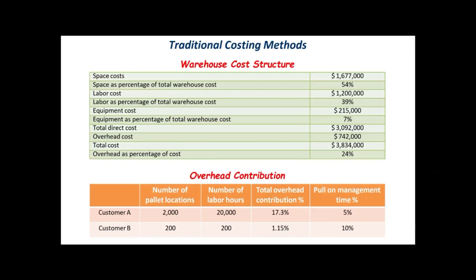For instance, if you look back at the shared user in the warehouse and customer A, if he decides to reduce his stock holdings and it is not replaced by another client, the charge per location needs to be increased. Based on a reduction of 500 pallets, his overhead contribution reduces by 2.7%, or $20,125. Yet the overhead cost to the company is unlikely to be reduced in the short term.